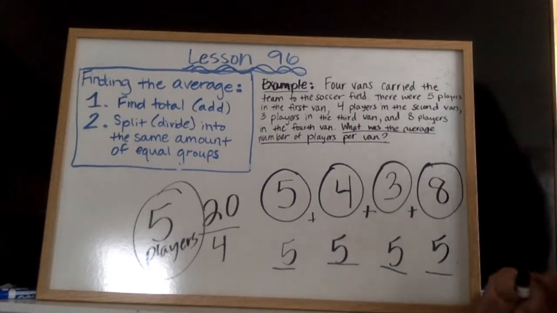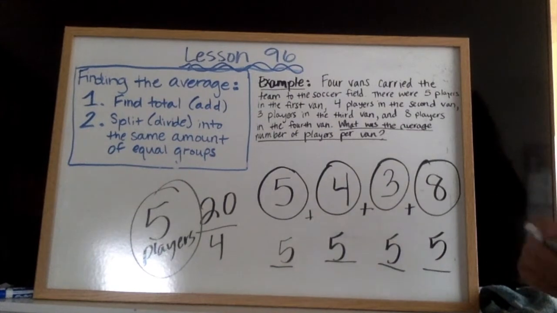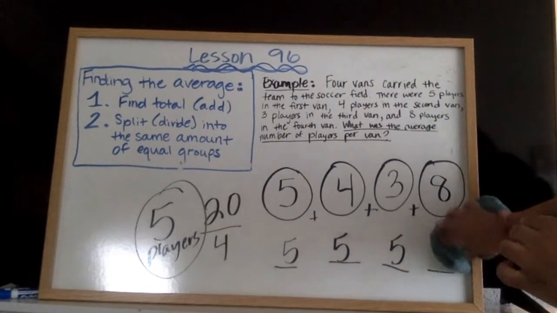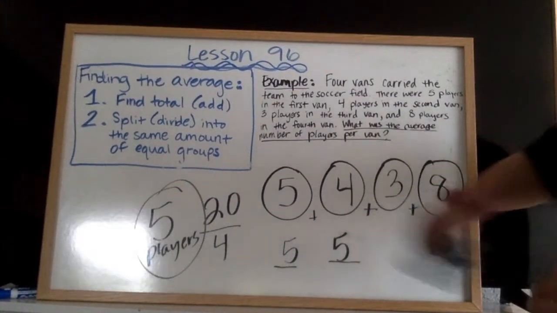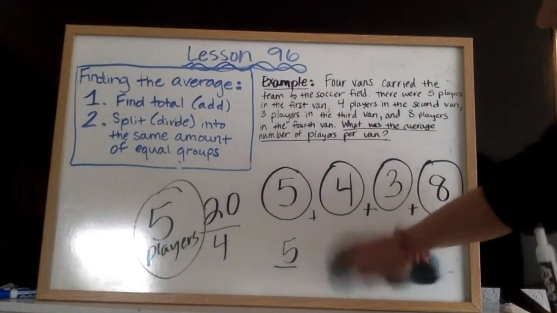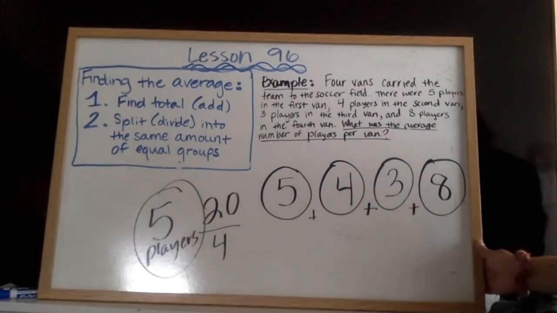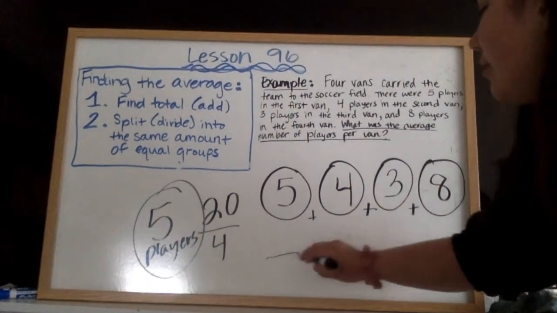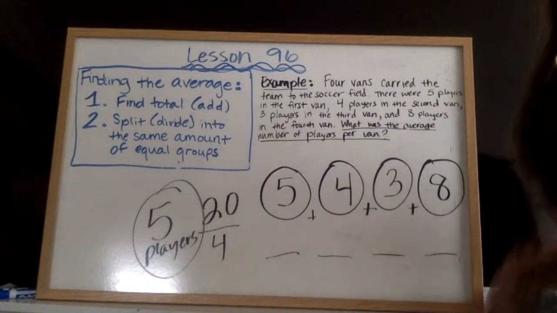Now, there's another way to think about this if this doesn't quite make sense yet. So when we're finding the average, we're trying to figure out how many there would be if each group was equal, right? But right now, I'm telling you to add this, then divide this. Now I'm going to show you why that makes sense.